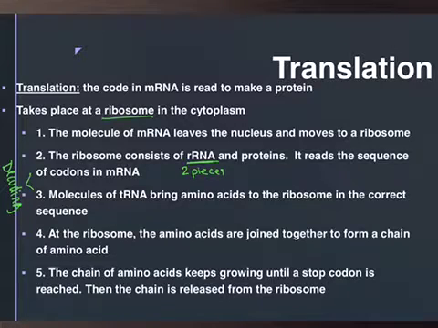Then molecules of tRNA will bring the amino acids to the ribosomes. These tRNA molecules are just floating in the cytoplasm. So when they receive the signal to head to the ribosome, they do, and they bring their adjoining amino acids. Then once they're at the ribosome, the amino acids get joined together to form a chain of amino acids, and this chain will keep growing until they reach a stop codon.